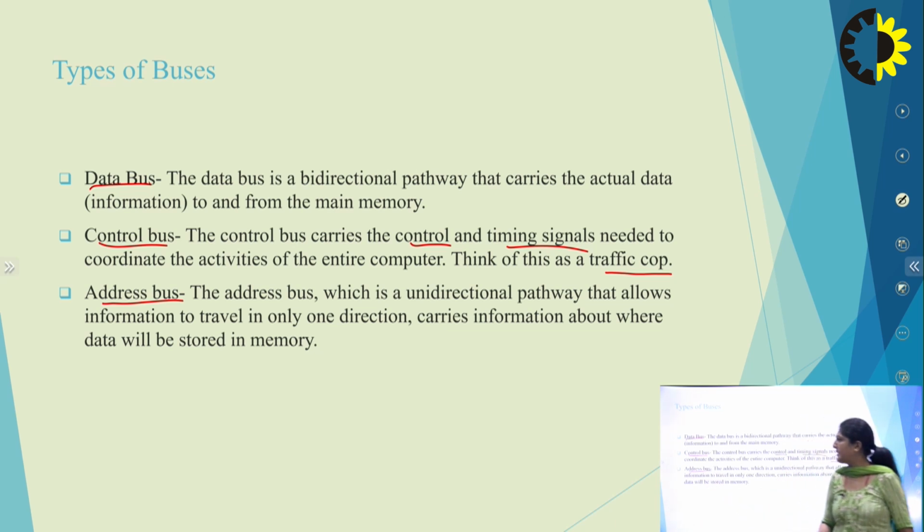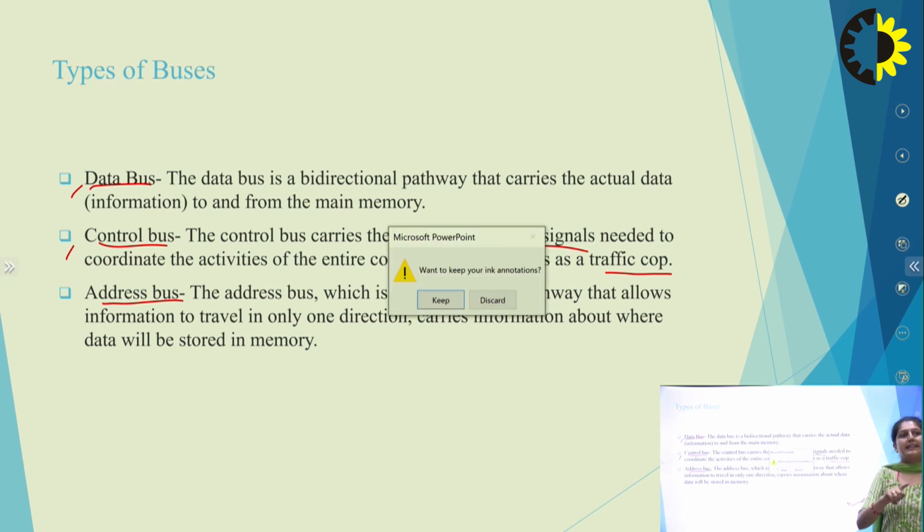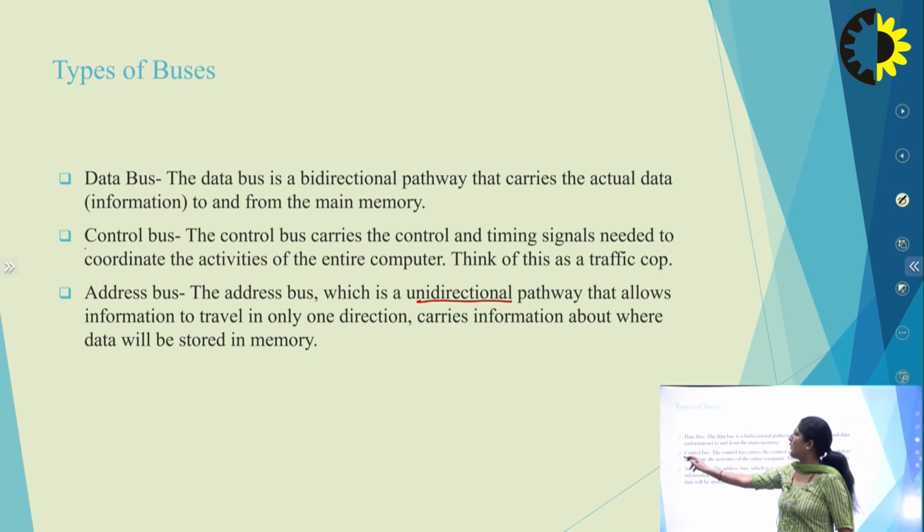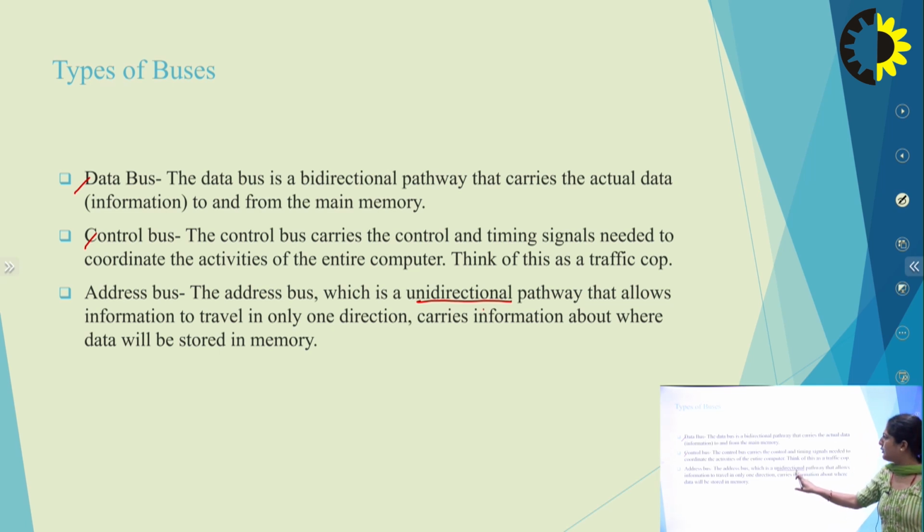What is the address bus? The address bus is a unidirectional pathway. You should focus on unidirectional. The control bus and data bus are bidirectional, whereas the address bus is a unidirectional pathway that allows information to travel in only one direction, and it carries where the data will be stored in memory. Why do we say unidirectional in nature?